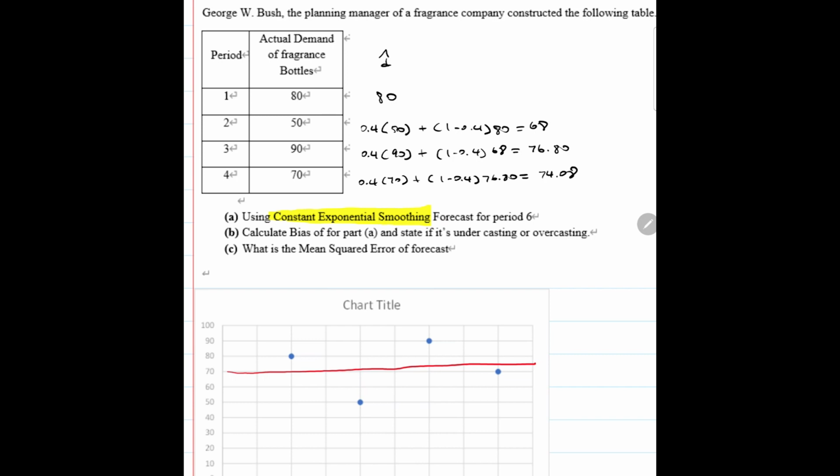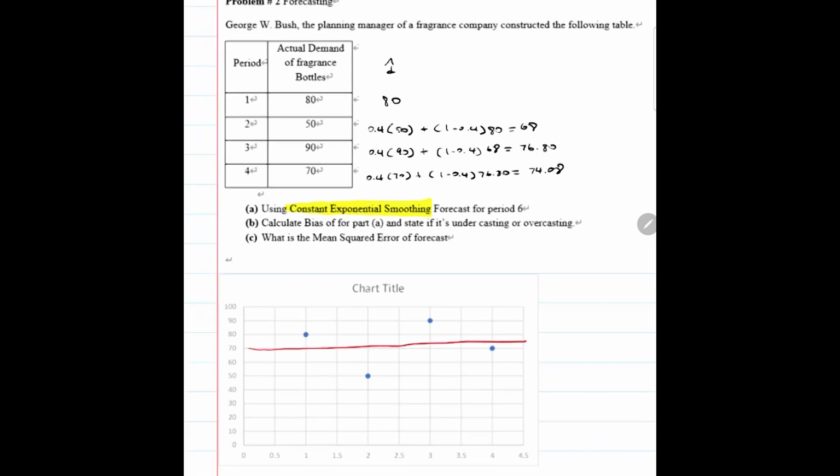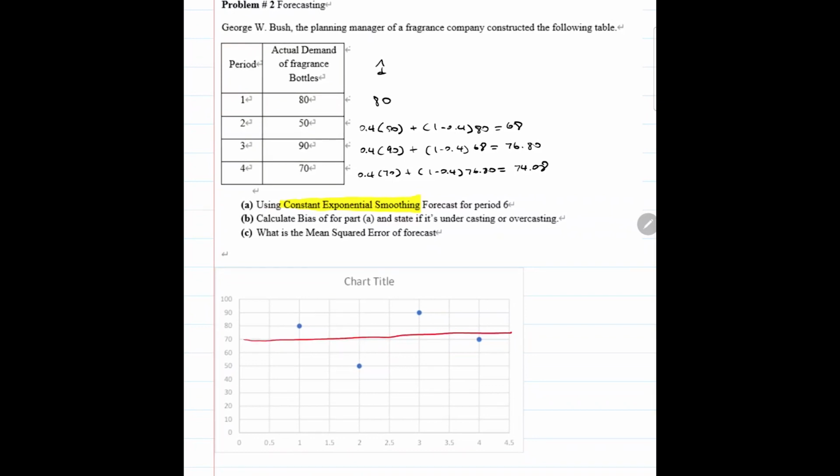There's a reason that we did it without normalizing anything, because problem B is asking what the bias is for part 1. Okay, so for A, the average is 74.08.